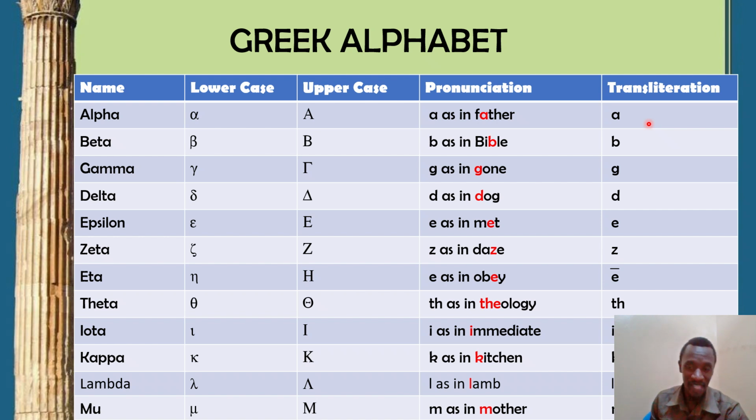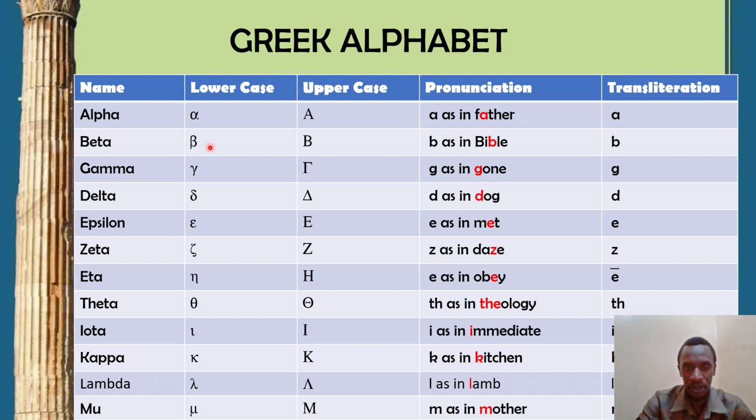That is to say, the first letter in Greek is Alpha and the last letter is Omega. This is how it is written. It looks like an a in English, but the way it is written is different, and it's pronounced as the a in father. So that is alpha.